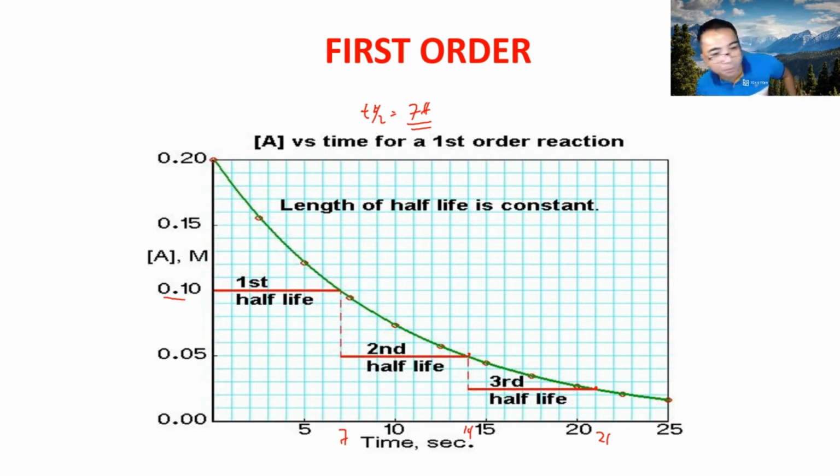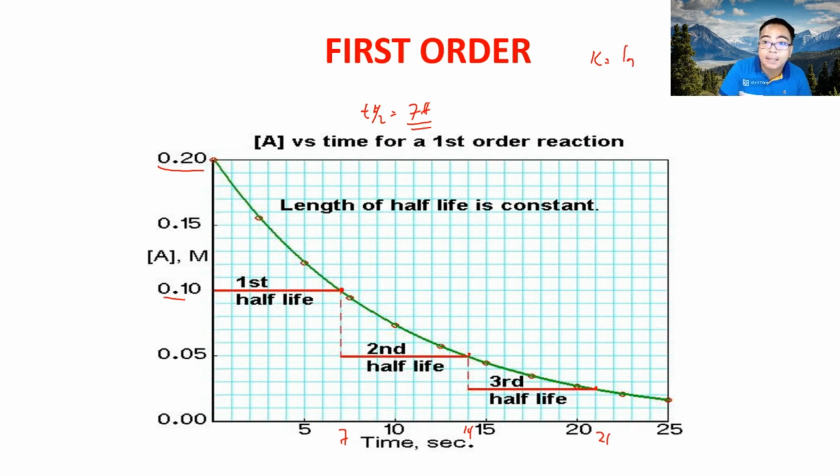Pero let's compute. Okay? Sabi nga natin class, ang unang kailangan natin na value here is K. And you can compute for K provided you have a concentration at 0 time and a concentration at any point on the time on the line here. So itong gamitin natin 0.1 on the 7th hour.